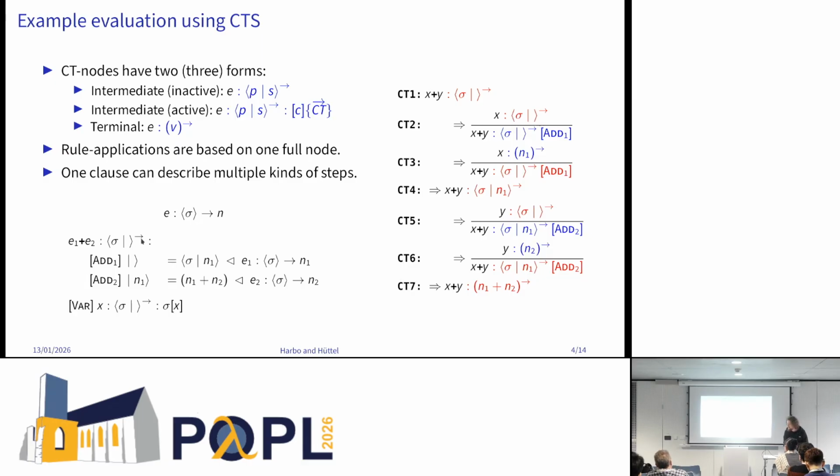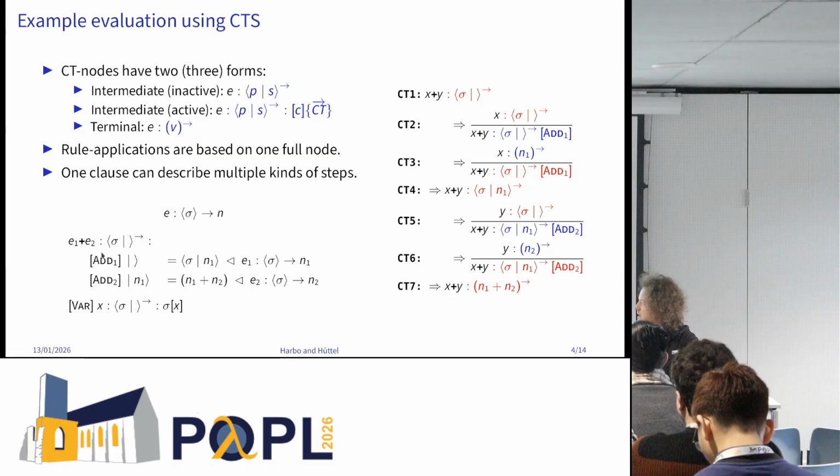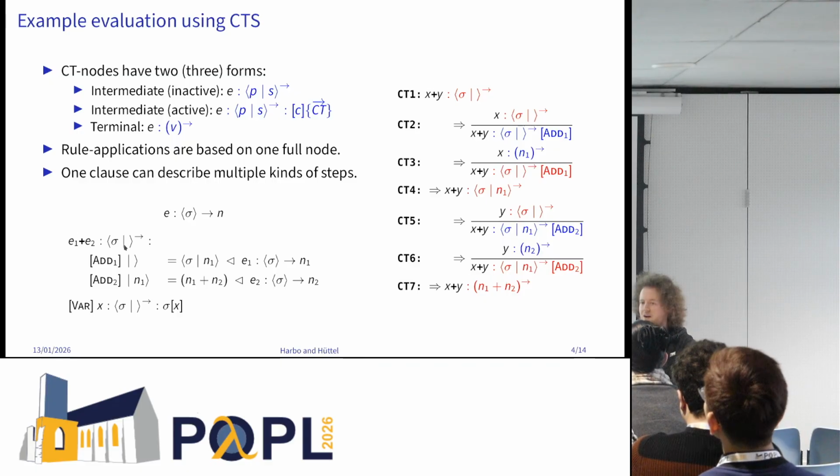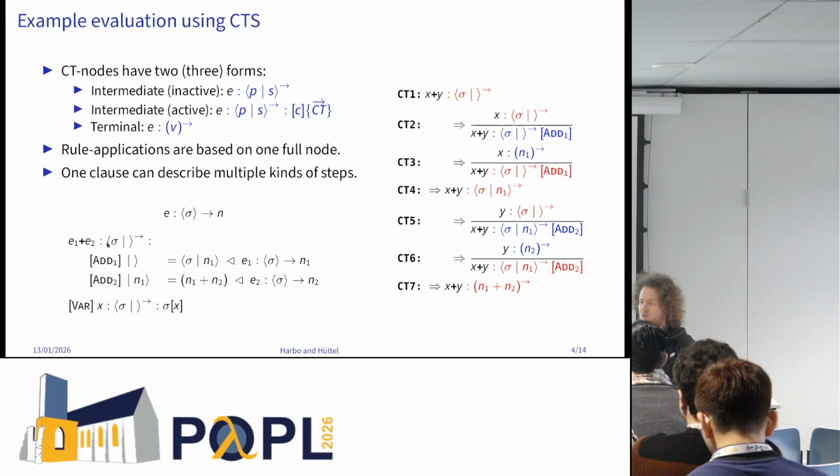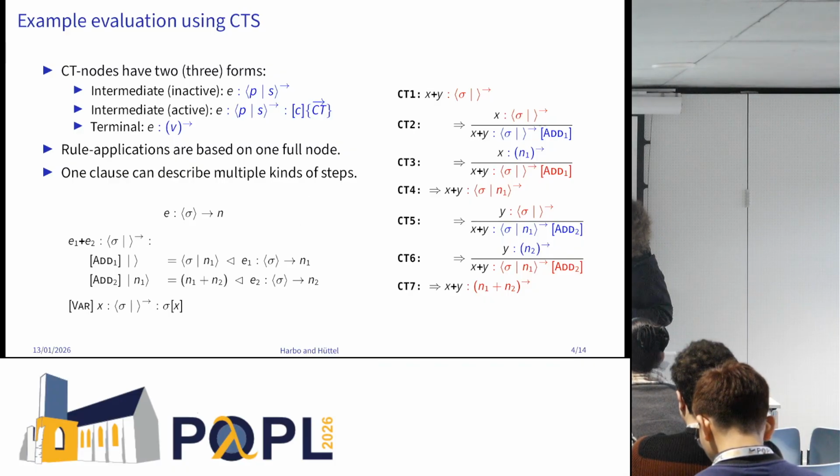So over here, the rule states that to evaluate any E1 plus E2, we must start out with a computation tree node that contains a sigma in what we call the primary component and the empty secondary component. That is also what we see up here with CT1. X plus y is evaluated in the context of sigma.